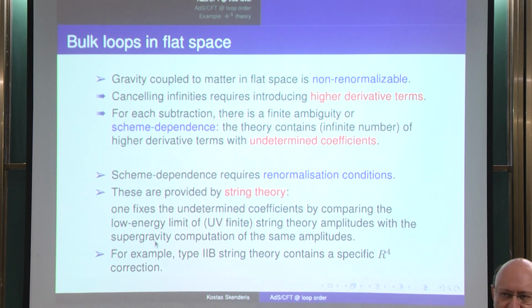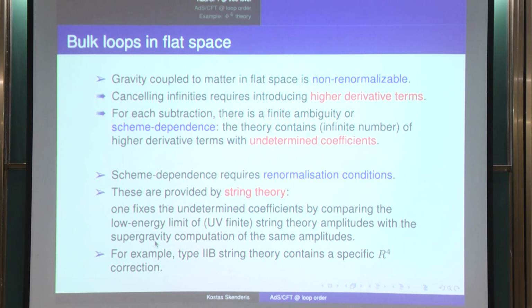Now, in principle, you can do that order by order, and some people do that. But for each subtraction, there is a finite ambiguity, because infinity plus finite is also infinite. So when you do the subtraction, you can always, at the same time, add a finite constant. And this is called scheme dependence, because it depends exactly on how you do the subtraction.